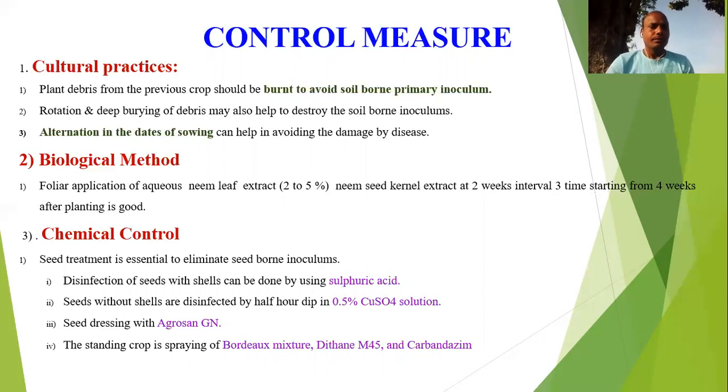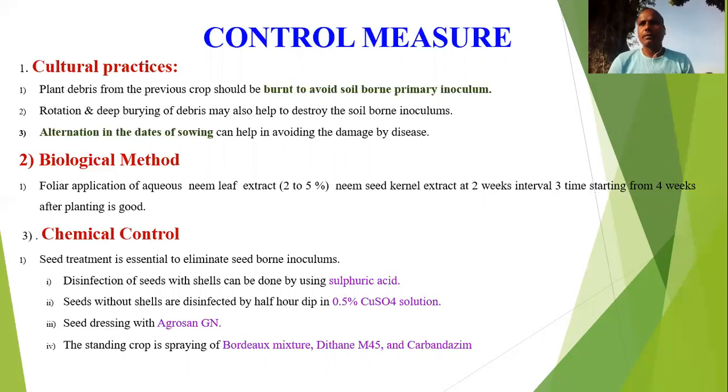Second, rotation and deep burying of debris may also help to destroy soil-borne pathogens. Is it clear? Crop rotation is an important part. Crop rotation is a very important aspect regarding these issues. Here, a 3 to 4 year crop rotation is very necessary.